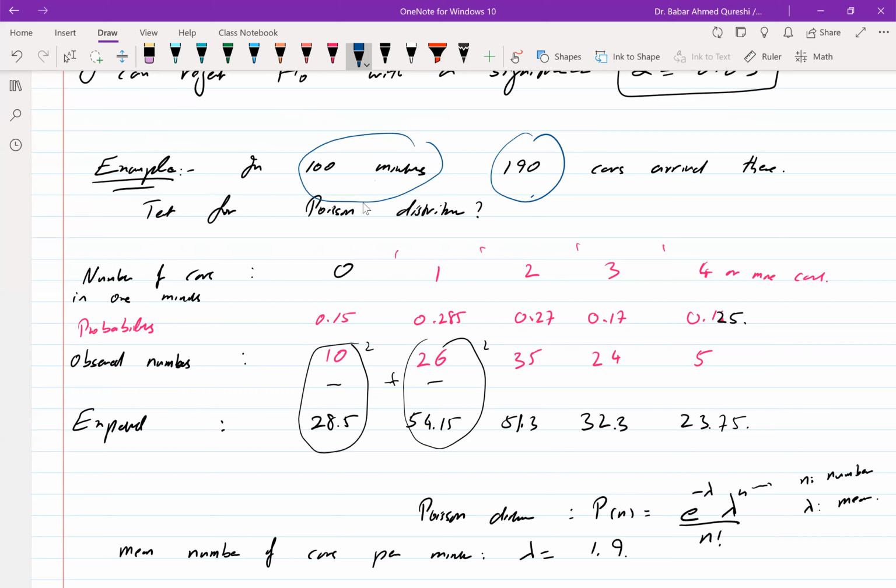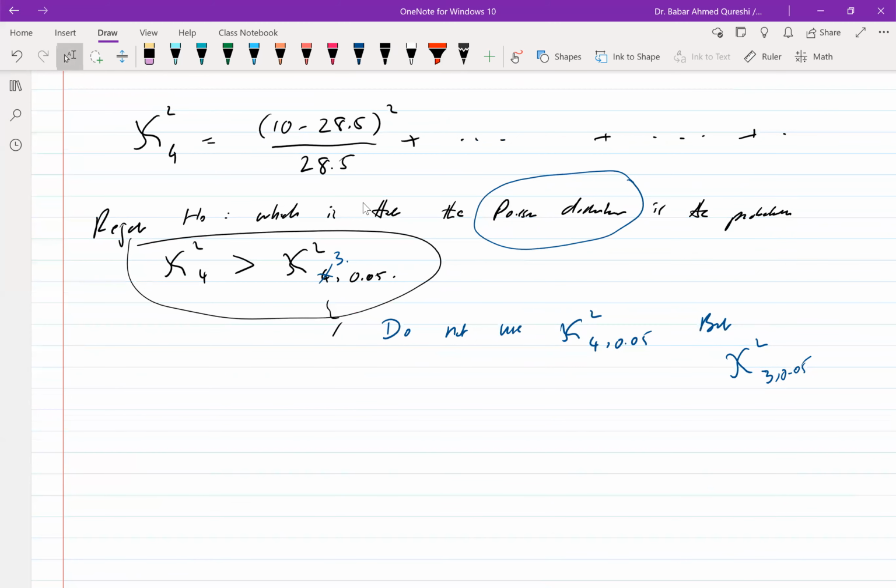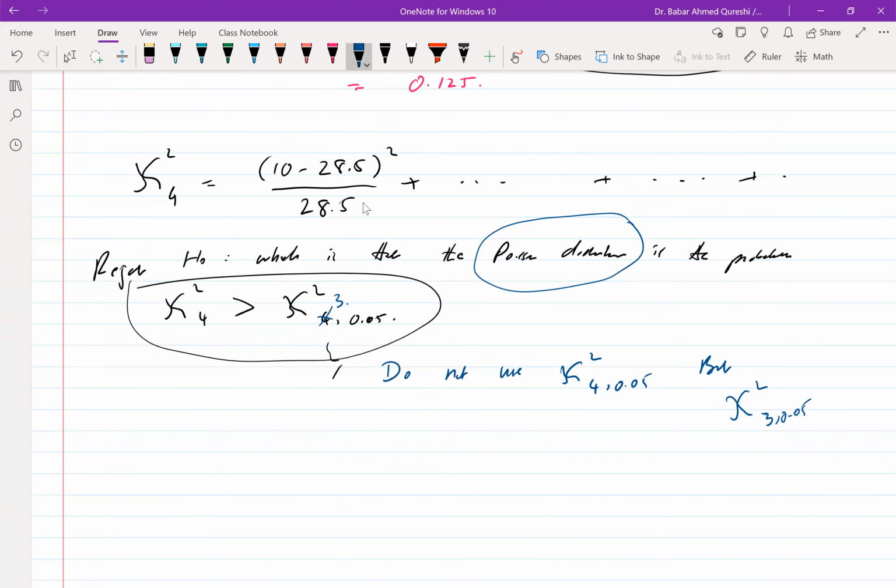If you are making an estimation, then for each estimation of the parameters of the population you make, you have to reduce the degrees by 1 because you have less information to constrain your curve fitting. That's why instead of 4, you get 3. And then all you have to do is check this. In this case, I think I won't have time to compute it, but you can now go and fill in the calculation and you can reject or accept it.